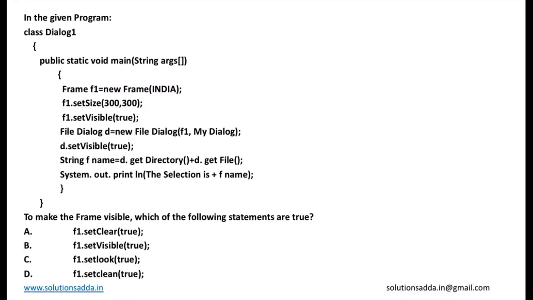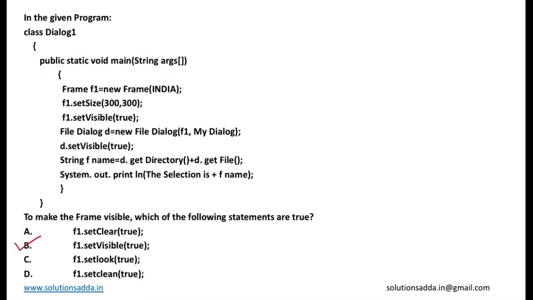This is a question from programming. In the given program, to make the frame visible, which of the following statement is true? So we have been given a program and we need to see which of the options is true to make the frame visible. So the correct answer for this question is option B, f1.setVisible is true. What does setVisible do?